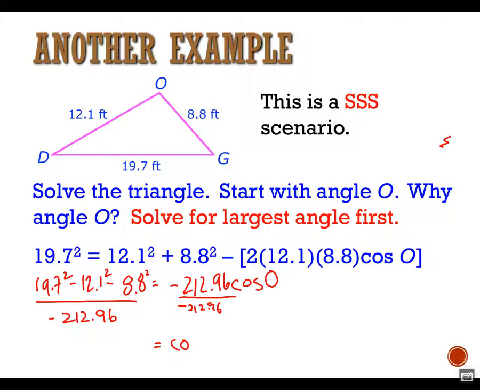And that's going to equal the cosine of O. Somebody tell me what that ugliness is, and just for giggles, put that in parentheses. Say again, I'm sorry. 164.24. That whole thing? Oh, no, just, okay. Then divide by negative 212.96.